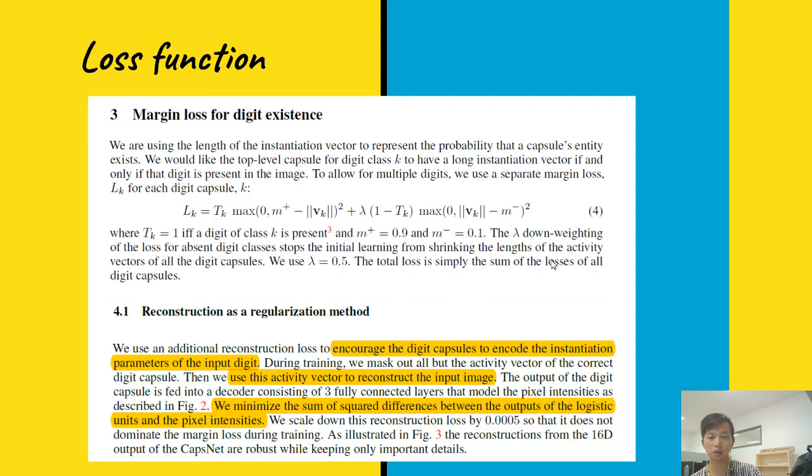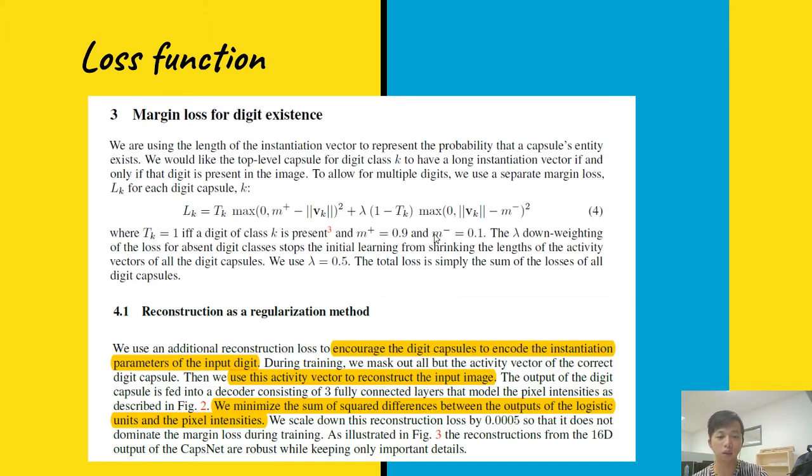As we can see, there are two parts of the training, so there are two losses also. The first is the margin loss of digit existence. It's a very simple loss. If this digit is present, if this is a correct digit, the length of the output vector should be over 0.9.